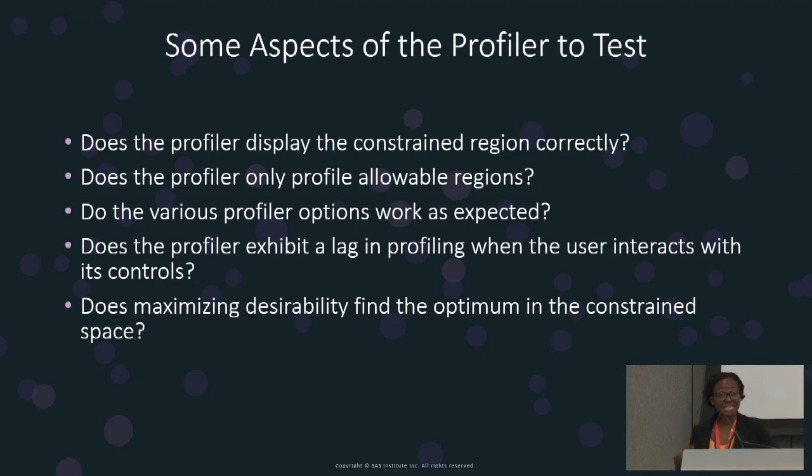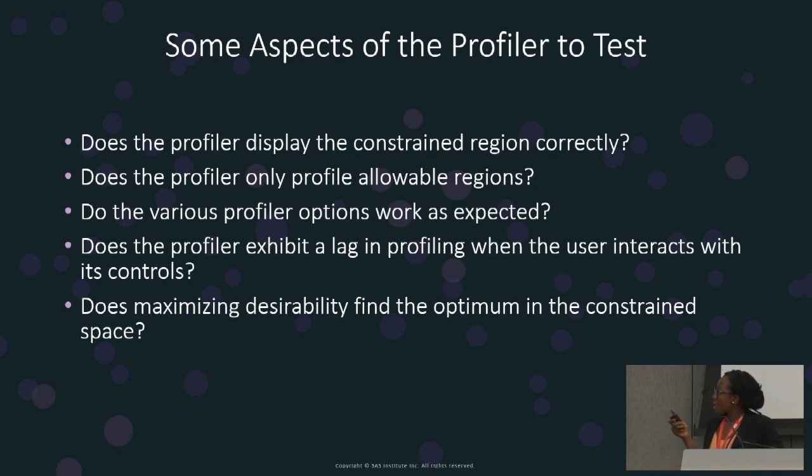So we simulated our data such that the expected maximum desirability is 1. So once we tested the optimization routine, if the actual desirability measure was within 0.05 of 1, we allowed the test to pass. And of course, we had to make sure that the factor settings were within the constrained region.